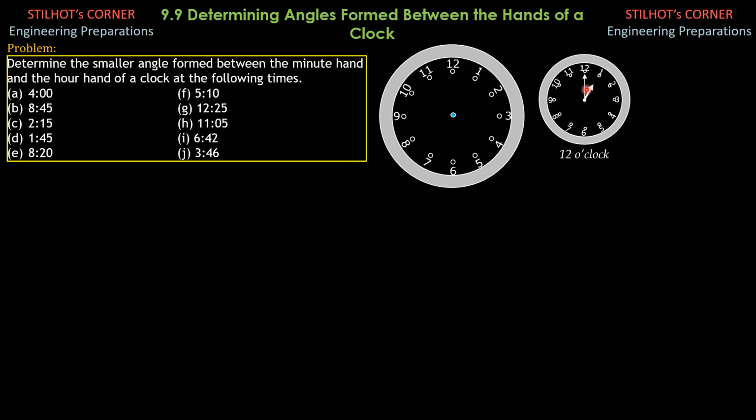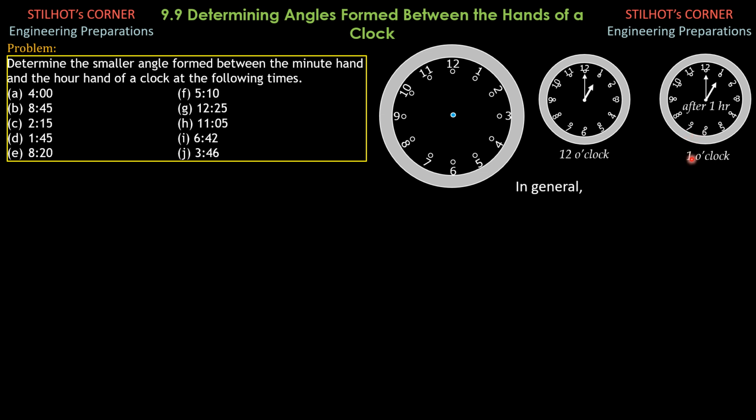So therefore, since the minute hand has turned 12 marks, the hour hand has just turned one mark. So the speed of rotation of the hour hand is 1/12 of that of the minute hand. So after 1 hour, this would be the position.